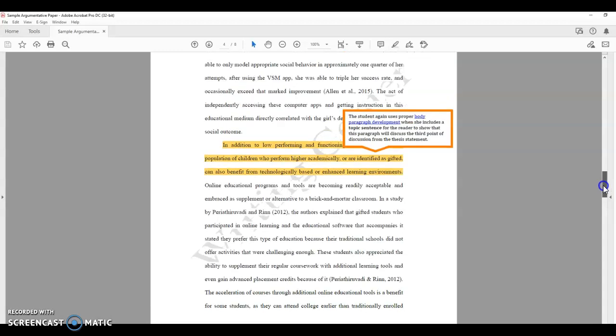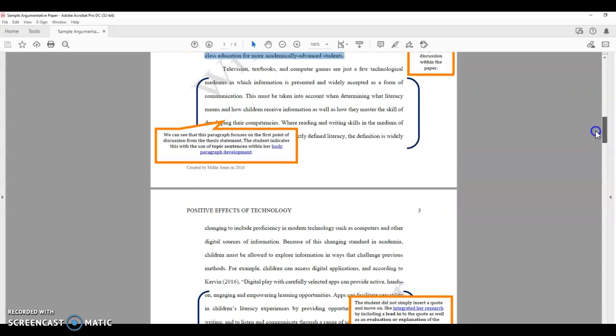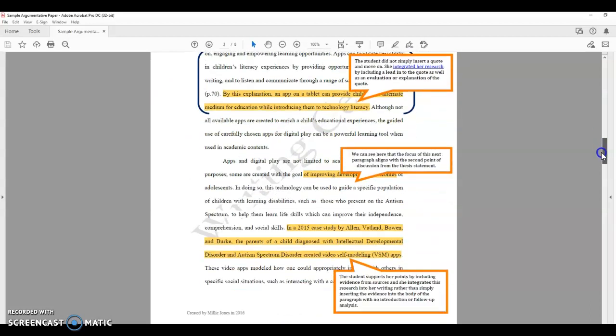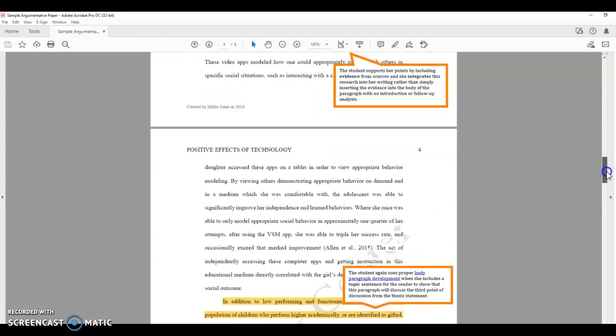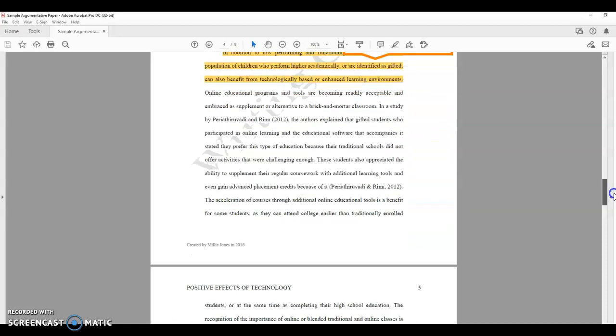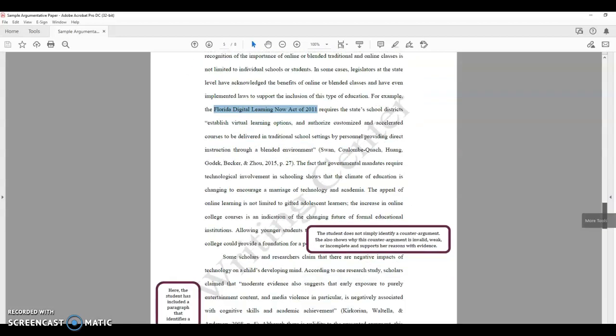So let's take a look too. We'll notice that for the most part, the paragraphs are very well developed. I would like you to carefully read through this example, and you'll see that each paragraph is almost a page long just for the discussion of the argument, because she's bringing in external sources to support her ideas.